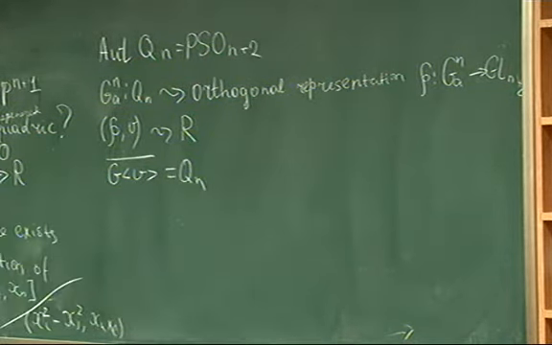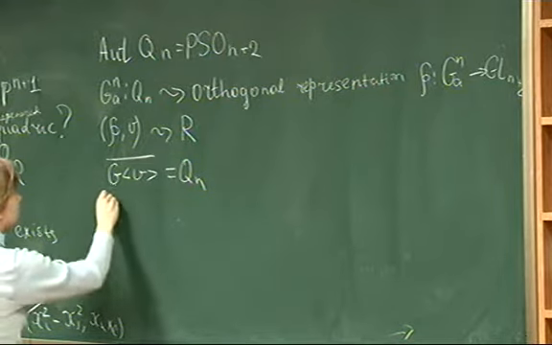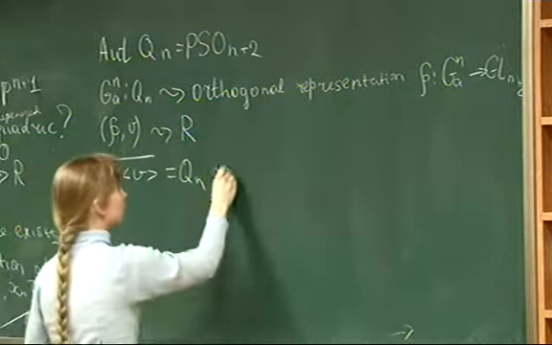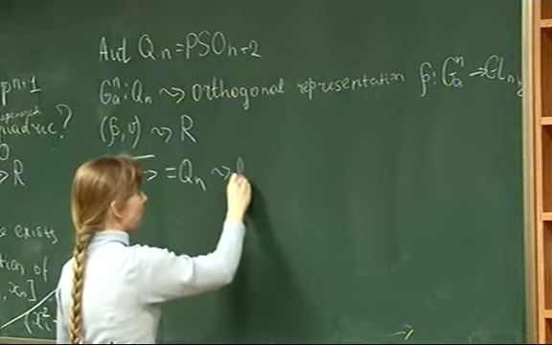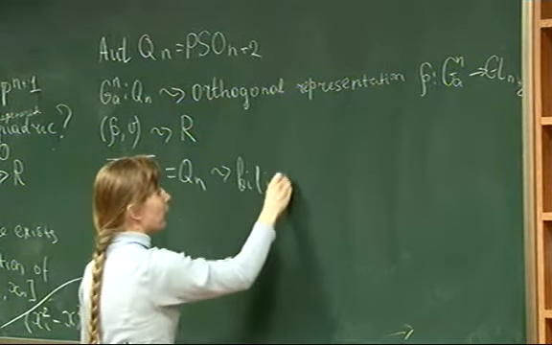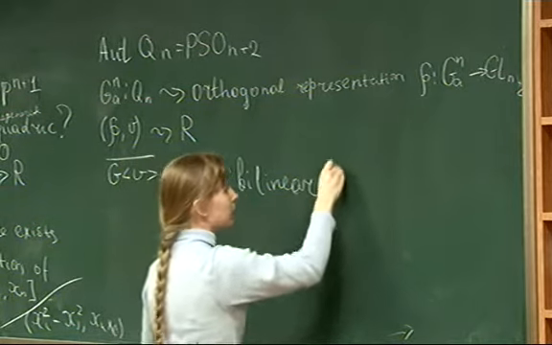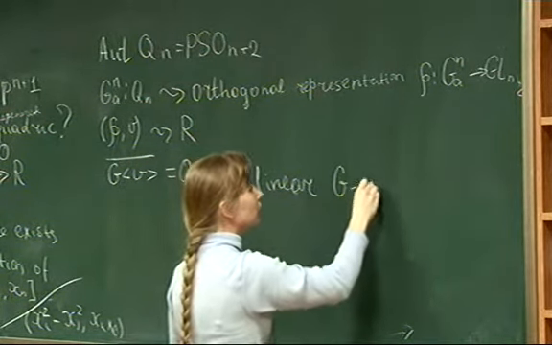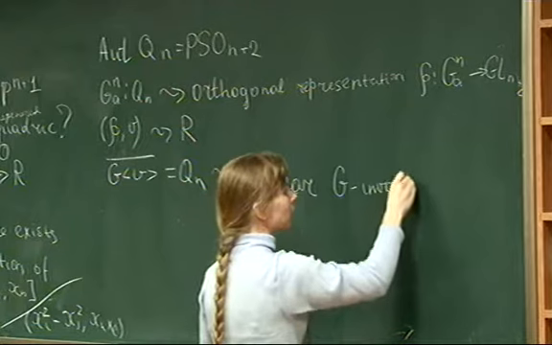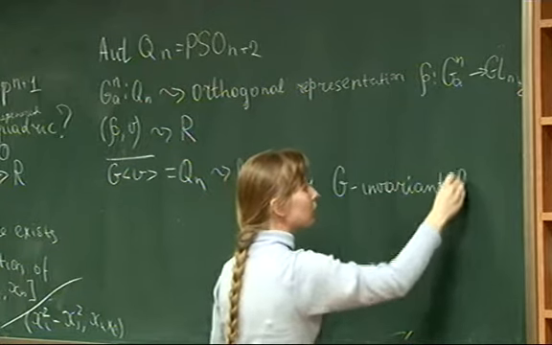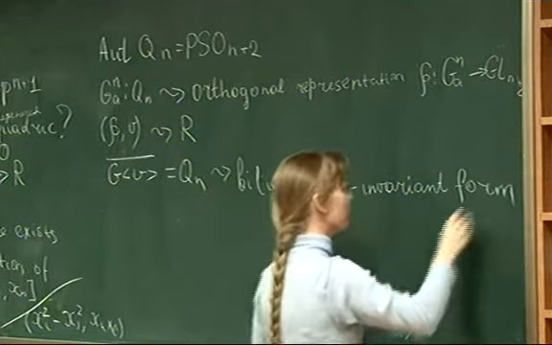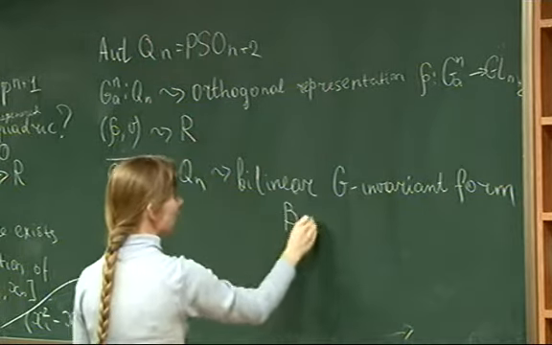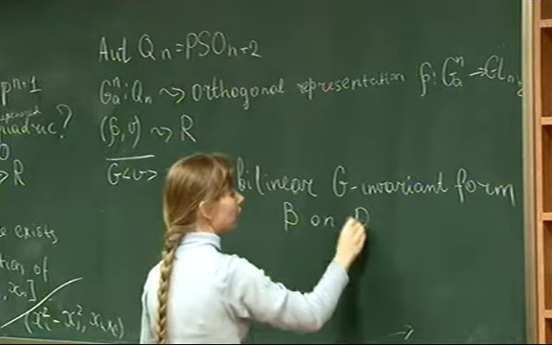Instead, we can use something more algebraic and more useful for me, that there exists a bilinear G-invariant form B on the algebra R.